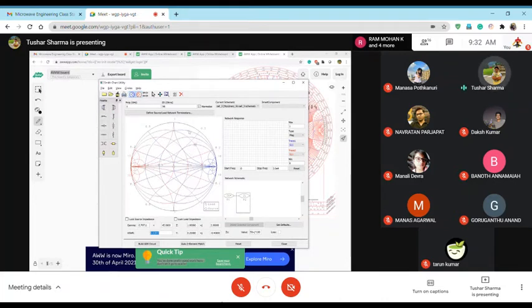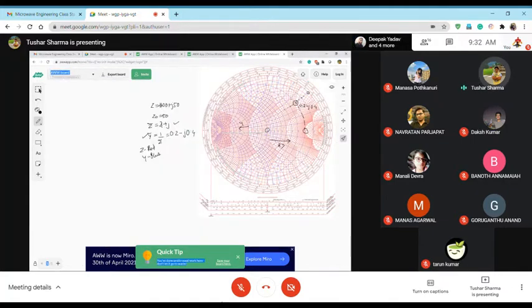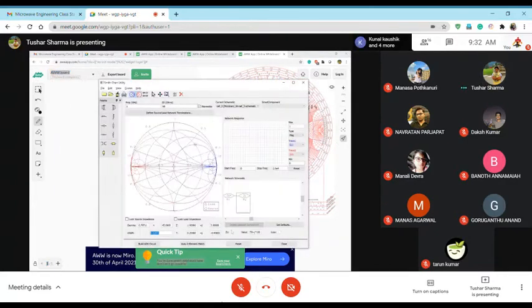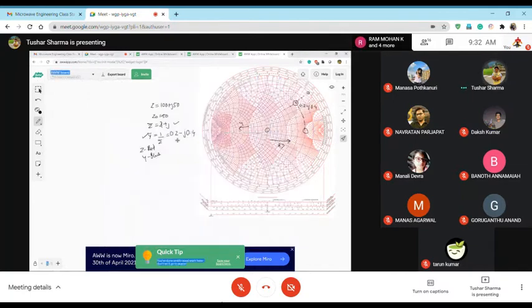And j2, oh, I see what the problem is. I think we made one mistake and you guys didn't point it out. It's 2 plus j, so it's 200 plus j50. That's 0.4 minus 0.2. This is wrong.